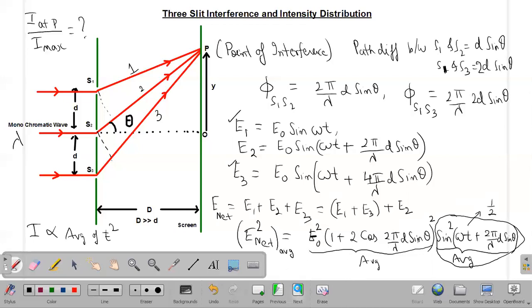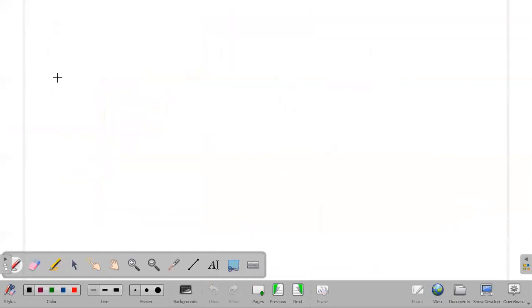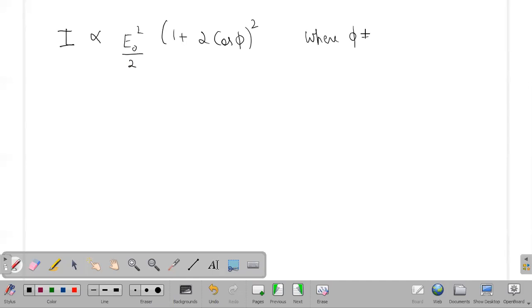So finally, when you simplify this expression, you get intensity I proportional to E naught square by 2 times 1 plus 2 cos phi whole square, where phi is actually 2 pi over lambda times d sine theta.